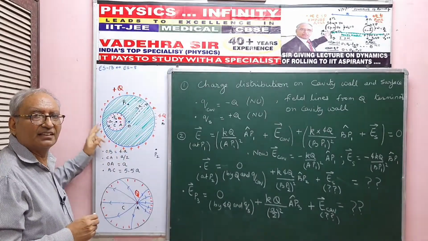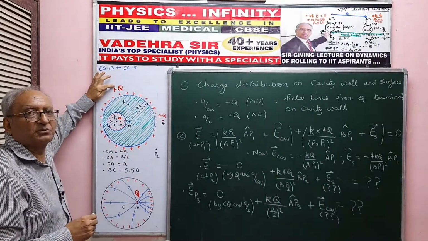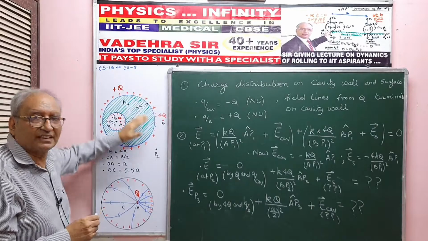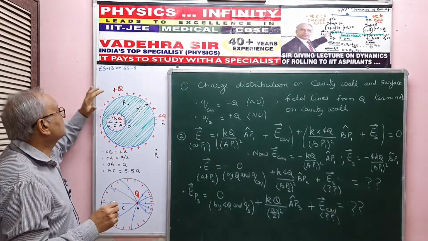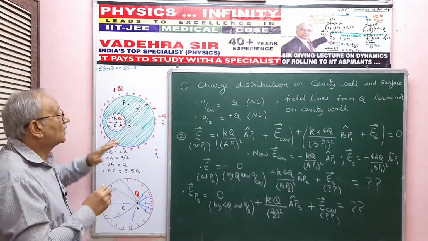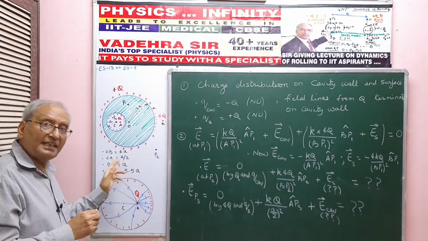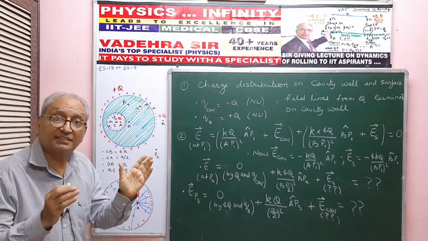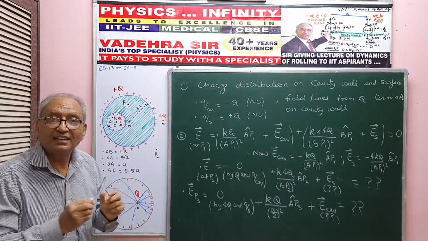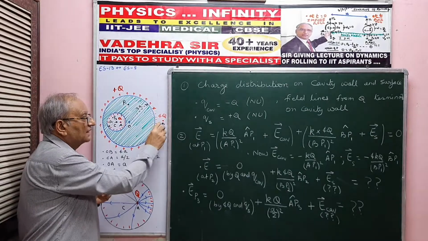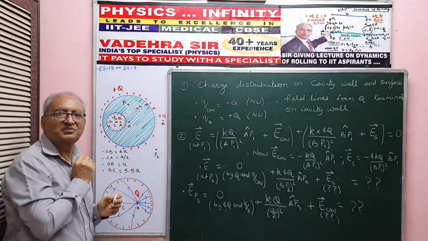Now, if minus Q has come on the walls of the cavity, then on the surface of the conductor, not the cavity, there will be charge plus Q. Normally plus Q should be evenly spread, but in this situation it will not be evenly spread. Why? Because close to the conductor there is a point charge 4Q.